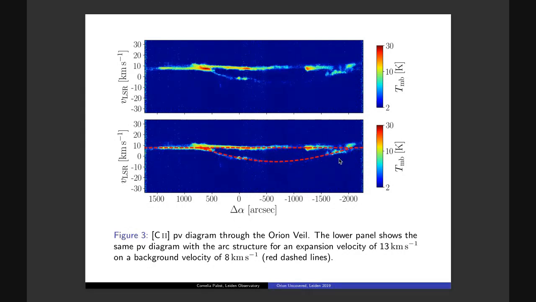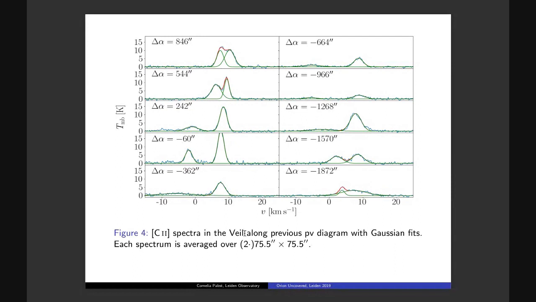In the lower panel is the same structure, but I overplotted the arc for a background velocity of 8 kilometers per second and an expansion velocity of 13 kilometers per second. You can also see this expansion in the single spectra, where there are two peaks and one moves outwards along the PV diagram and then moves backward again. From the peak difference, we also estimated an expansion velocity of 10 to 15 kilometers per second.